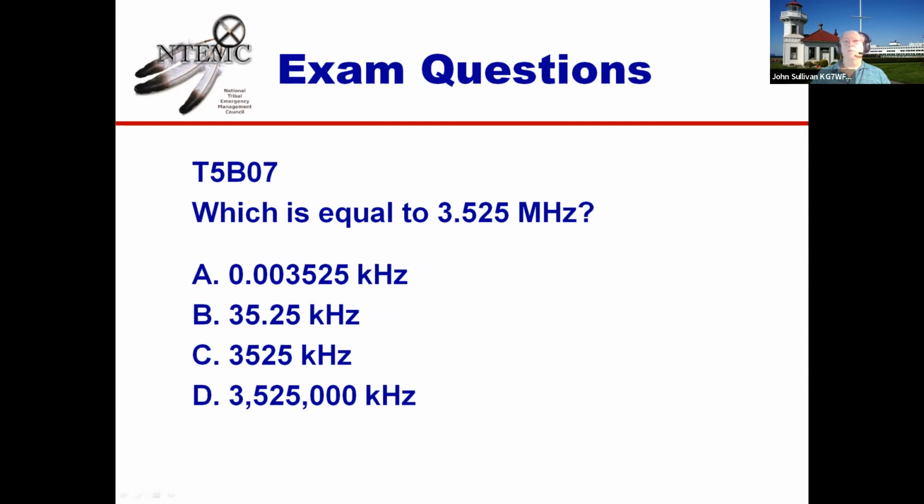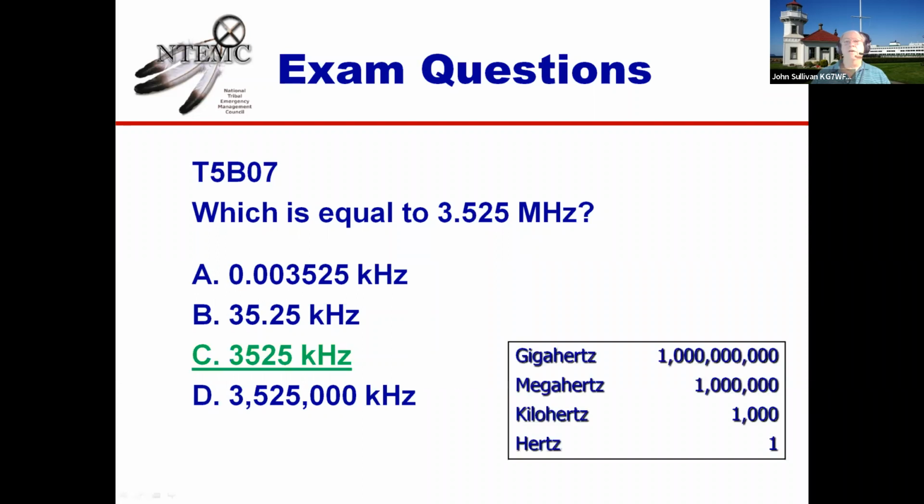What's equal to 3.525 megahertz? So mega's a million, kilo's 1,000. So you're going to have 3,525 kilohertz, which would be the same as 3.525 megahertz. You move the decimal point 3 places.